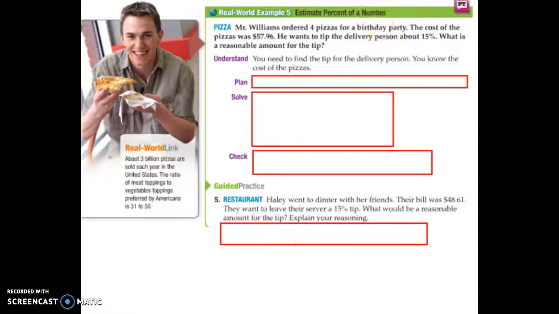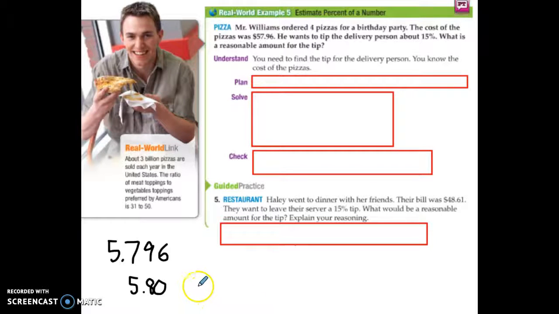So, if I write this down really quickly, alright, 10% is going to be 5.796. Okay, I know we're doing money, so we should probably round that off to $5.80, so let's do that. $5.80. Alright, that's 10%. 15% is adding on half of that.